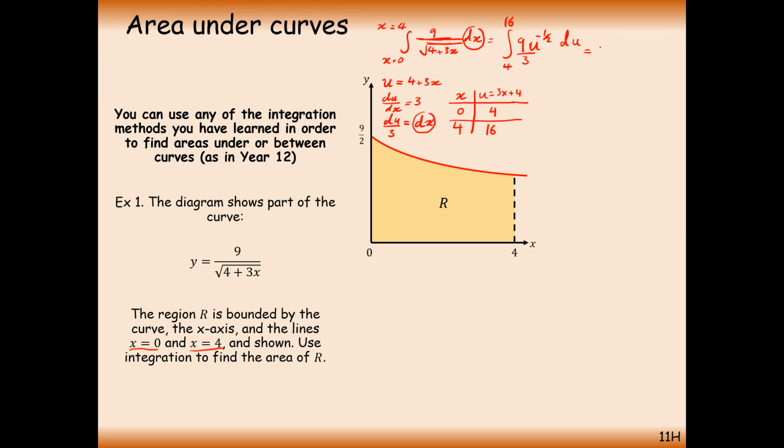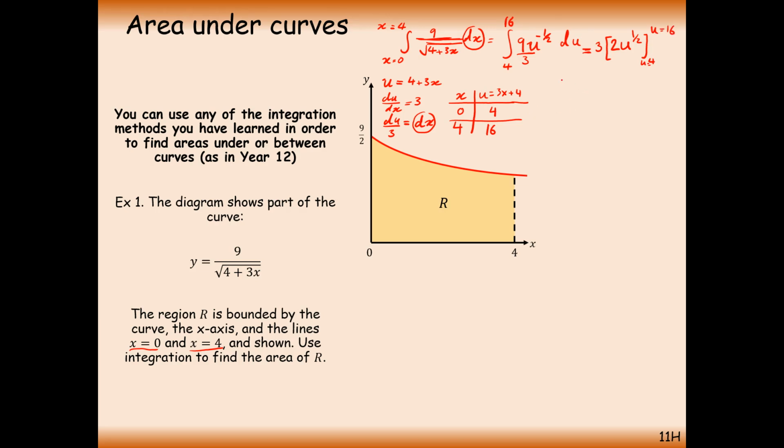I can simply put a 3 outside the bracket, because 9 over 3 is 3. And when I integrate u, I'm going to add 1 to this power. Minus a half plus 1 is going to give me power of positive half. Dividing by half means multiplying by 2. And the limits are going to be 4 and 16.